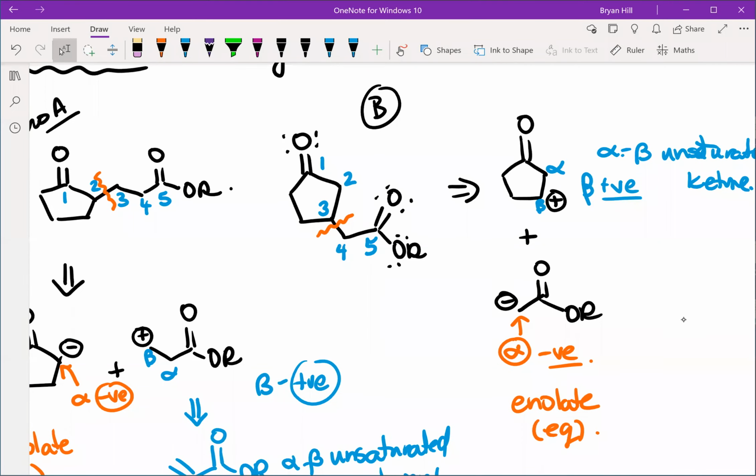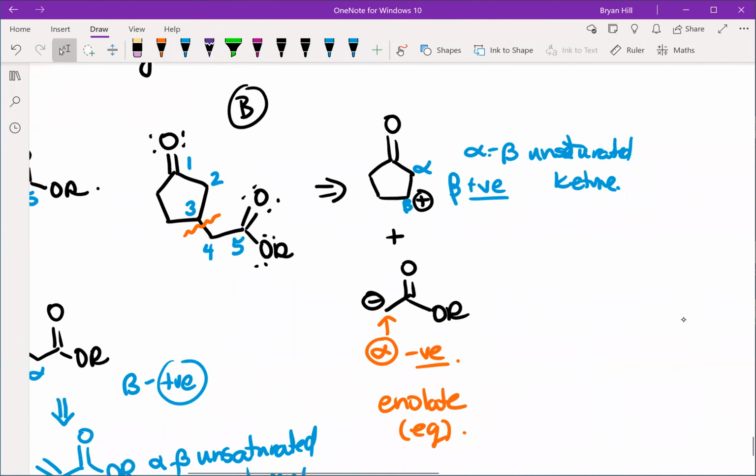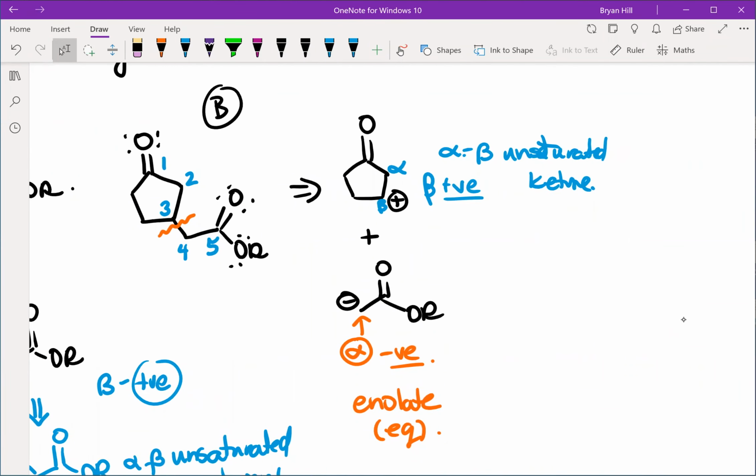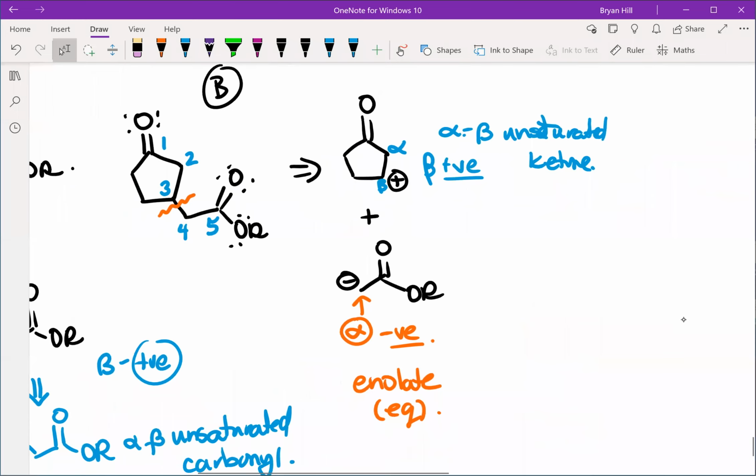Right. So which one do we want to do first, A or B? Let's do B first, just because it's what we can use.